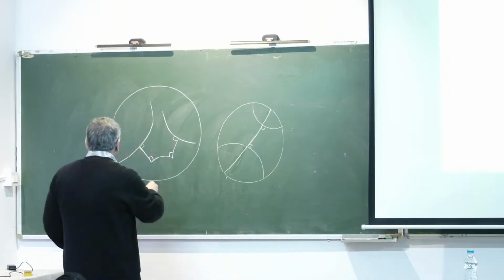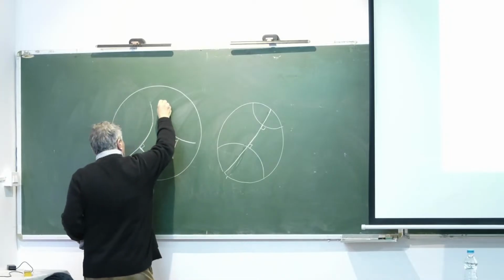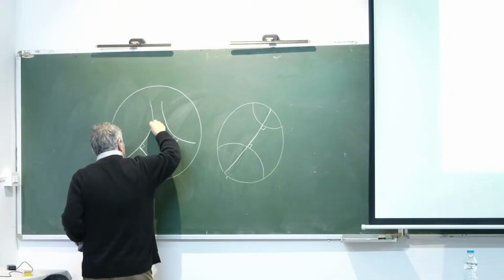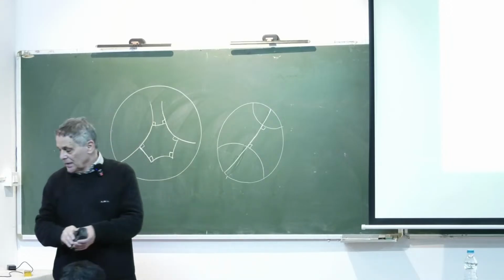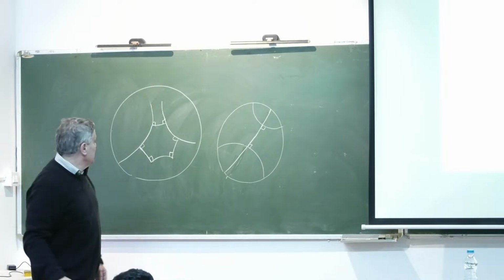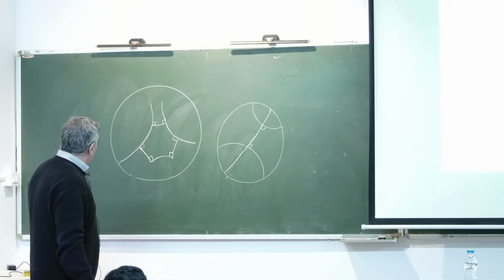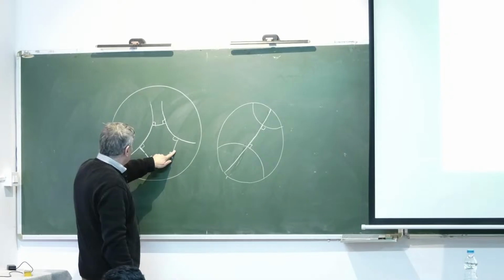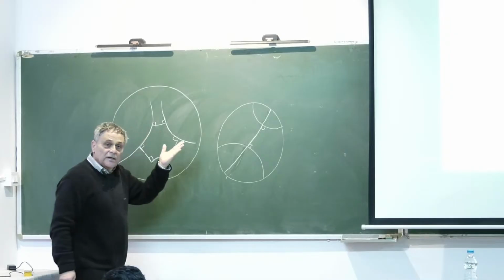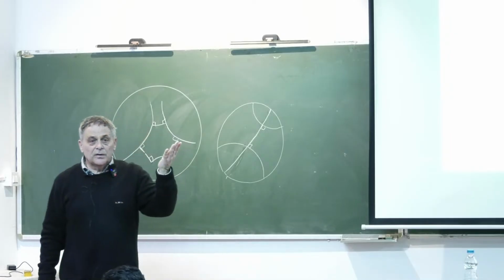So here these two sides have a unique geodesic joining them, and so these three sides determine uniquely the right-angled hexagon.